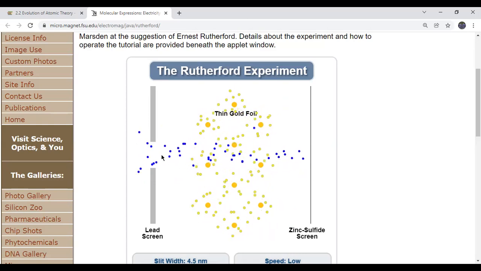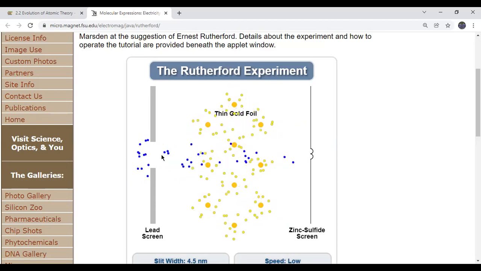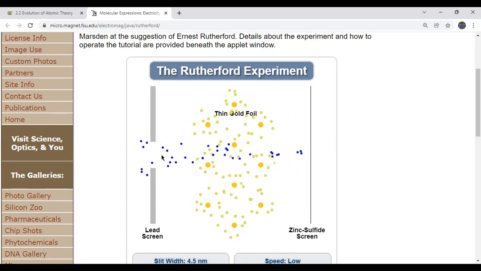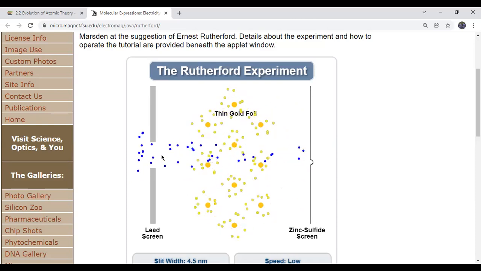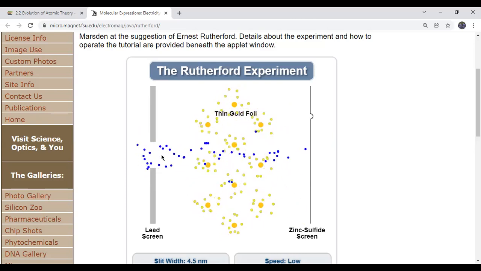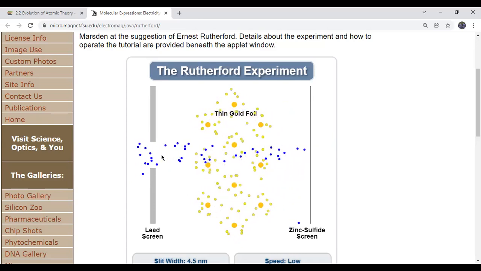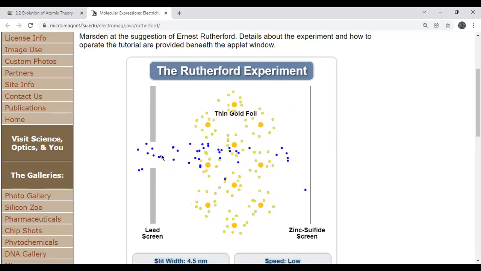Yes, exactly. So when you see those particles getting deflected, that also gave a hint as to the nature of that nucleus, that it had to have a positive charge. Because if you hit it with a positively charged particle and that particle gets deflected, that means that the nucleus also has to be positive. Because if you notice, as those particles pass by the electrons, the moving parts, nothing happens.